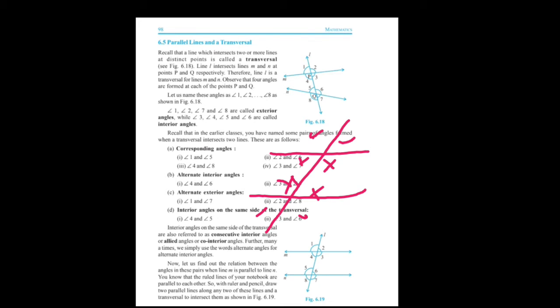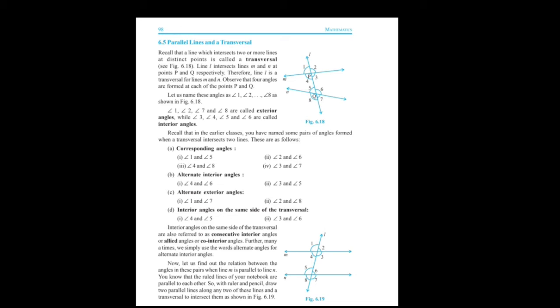Okay students, now afterward, corresponding angles and alternate angles. Now see, in this figure two lines and one transversal line, so that it becomes 8 angles. Now here the first pair of angles is corresponding angles.